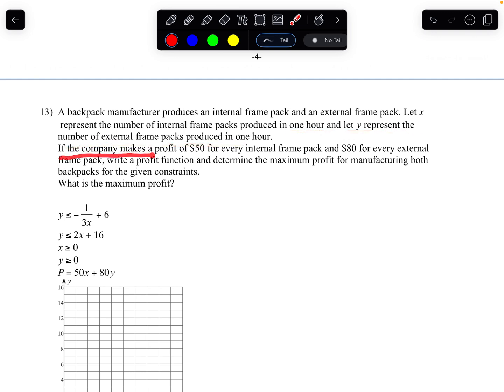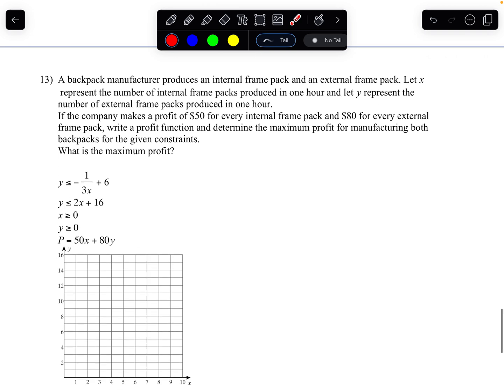If the company makes a profit of $50 for every internal frame pack and $80 for every external frame pack, write a profit function and determine the maximum profit for manufacturing both backpacks for given constraints. What is the maximum profit?